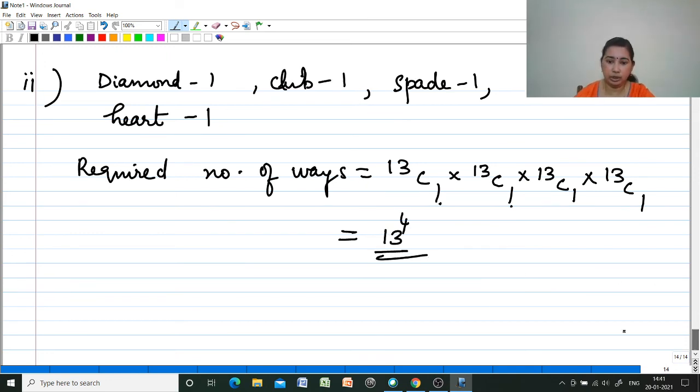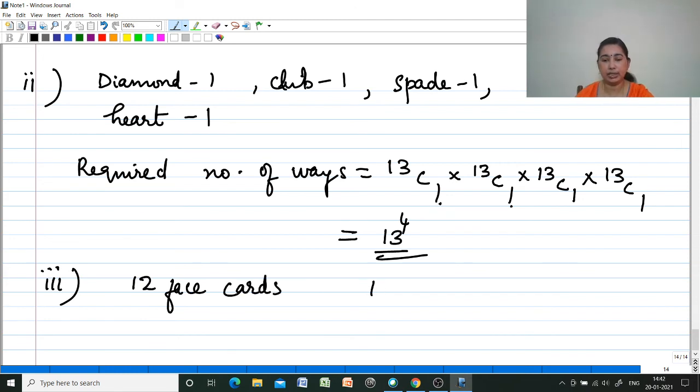Now third sub question, the third one is our face cards. How many face cards are there? There are 3 face cards, that is J, Q and K. So in total there will be 12 face cards, because in one suit how many face cards?